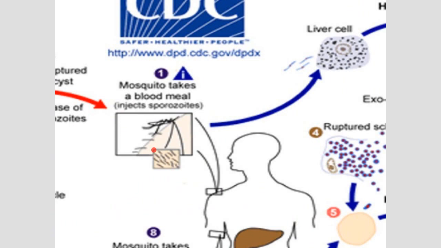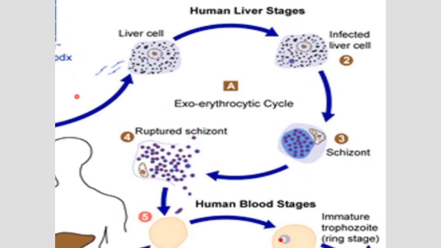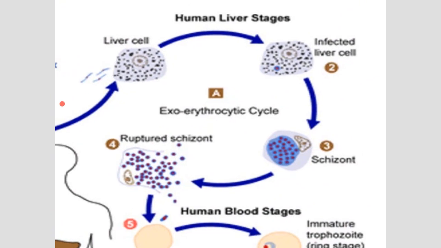And that injects sporozoites in the blood, and then they are taken to the liver cell. So you can see the important thing, there's a time involved, and there are different types of stages that we need to go through. Okay, and then from here, the very first stage will be the human liver stage.